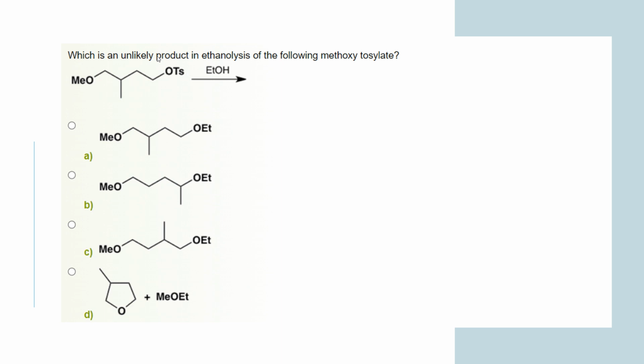So, in the first step itself, in presence of ethanol, this OTs group is going to be protonated, and neighboring group participation from this oxygen will increase the rate of the leaving group knocking out, and you can imagine an intermediate of this kind.